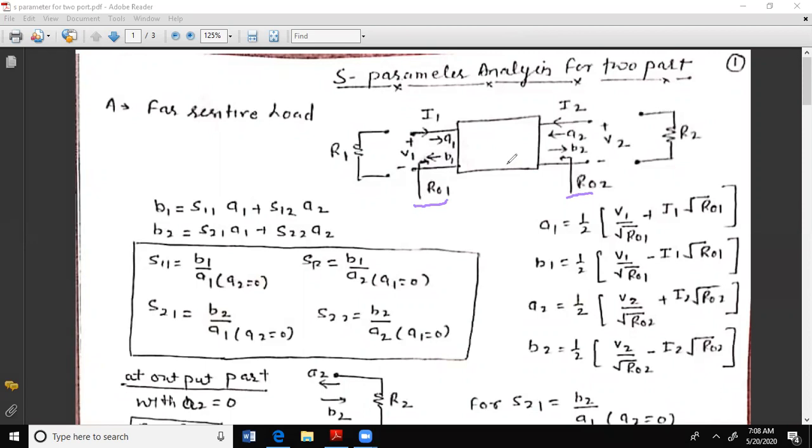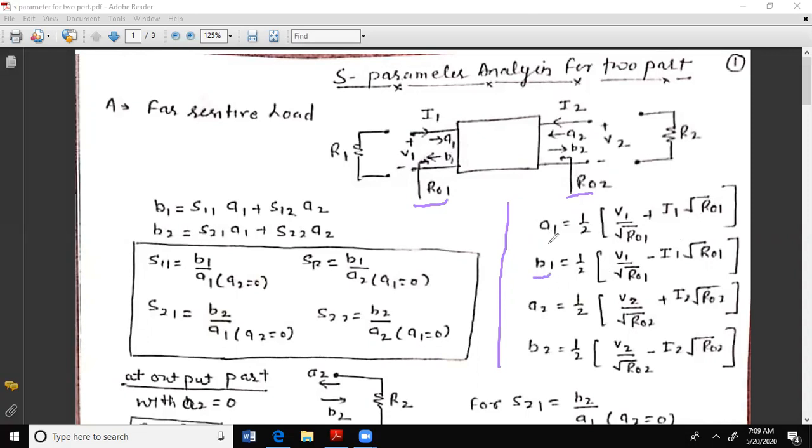To analyze these equations and find the variables S11, S12, in transmission theory, the values of A1, B1, A2 and B2, because we have taken the passive circuit, A1 numerically is equivalent to half of B1 upon root R01 plus I1 root R01.